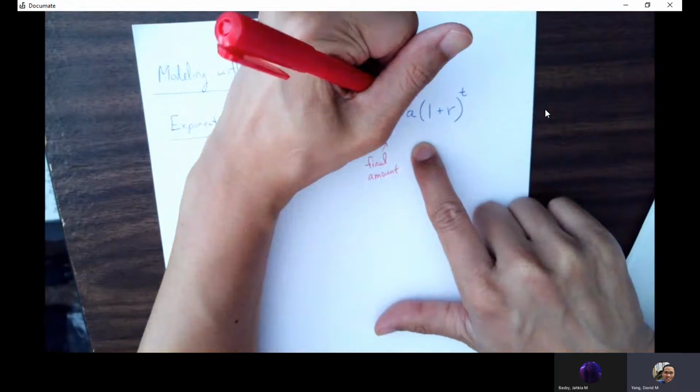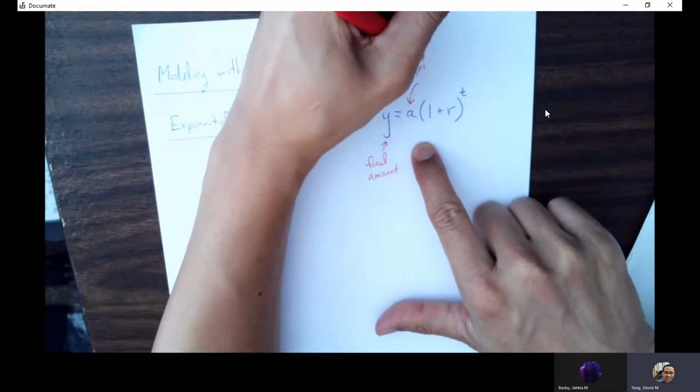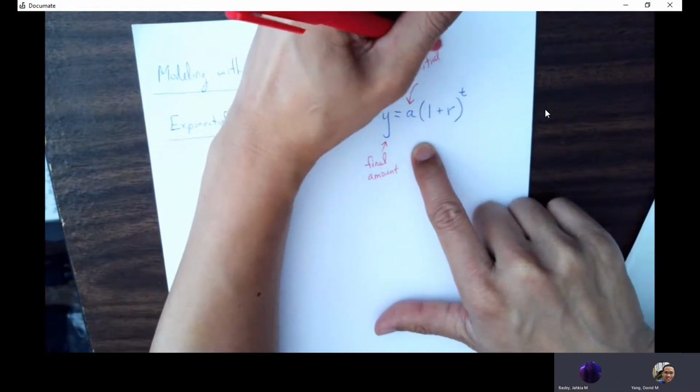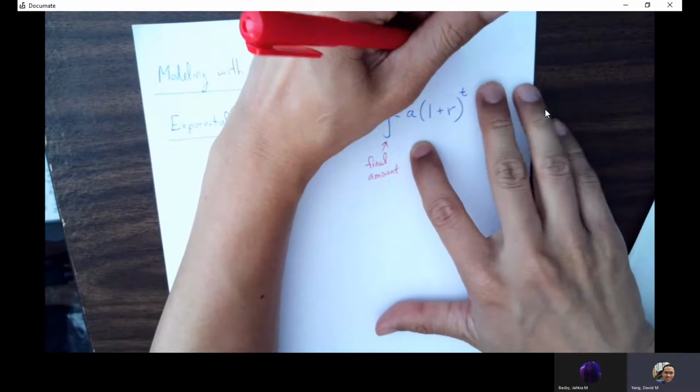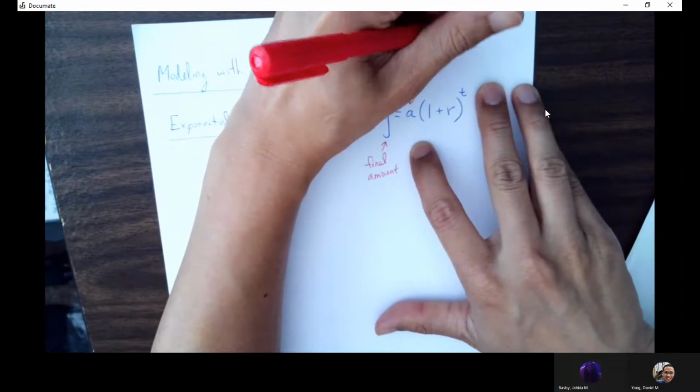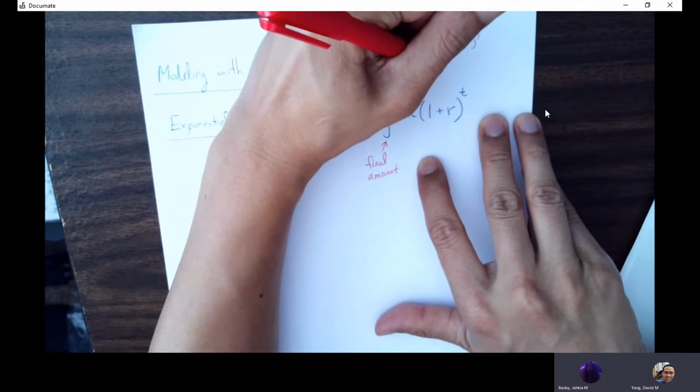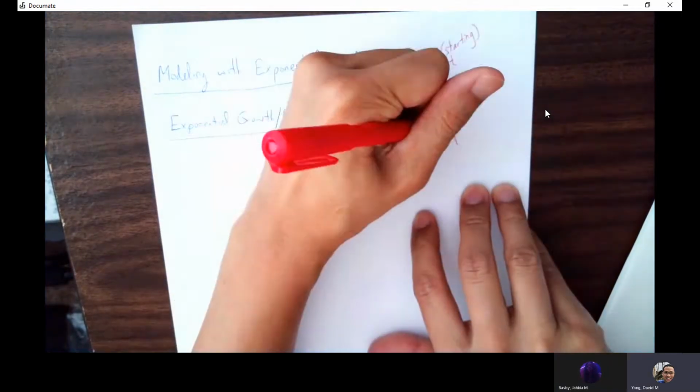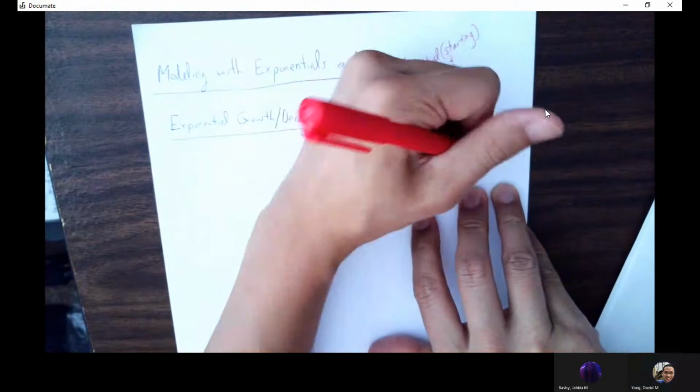A is the initial amount, the starting amount. And r is the rate, the growth or decay rate.